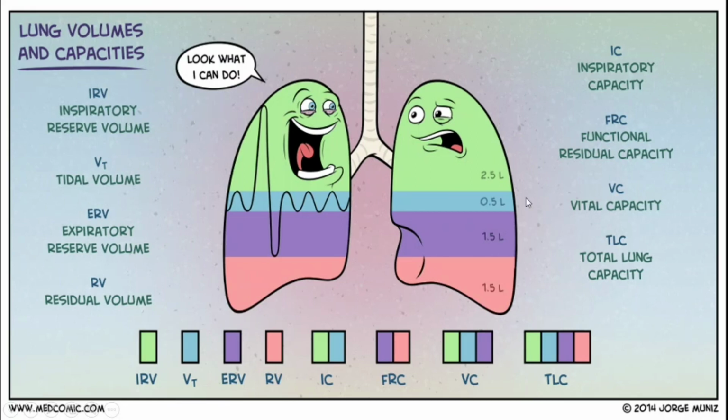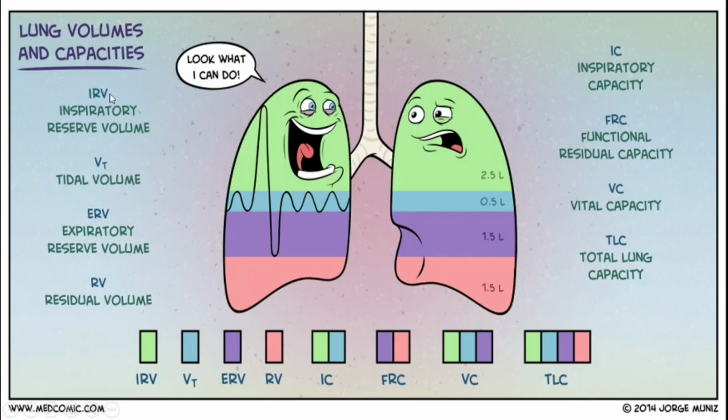So I have told you about the lung volumes, and you know that if you add up two or more lung volumes, you get the lung capacities. And in the lung capacities, we have the total lung capacity, vital capacity, functional residual capacity, and the inspiratory capacity.